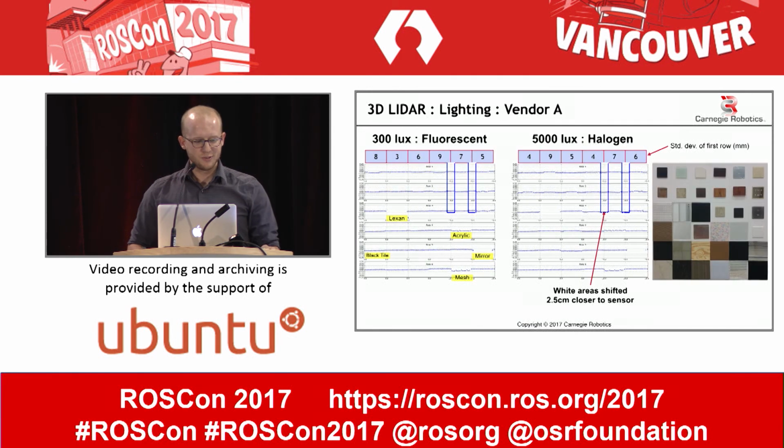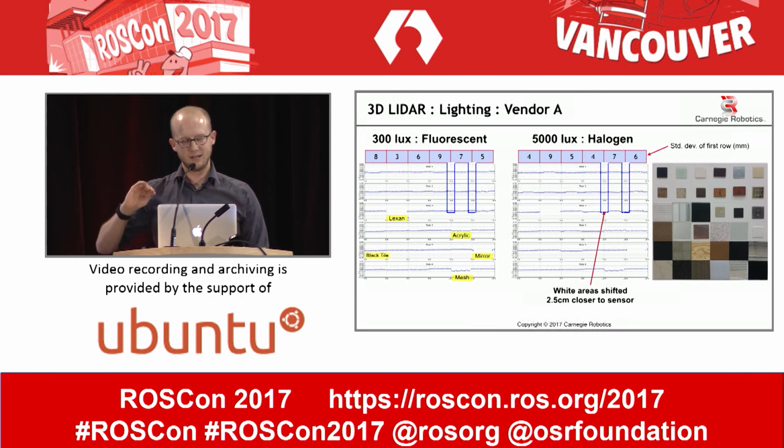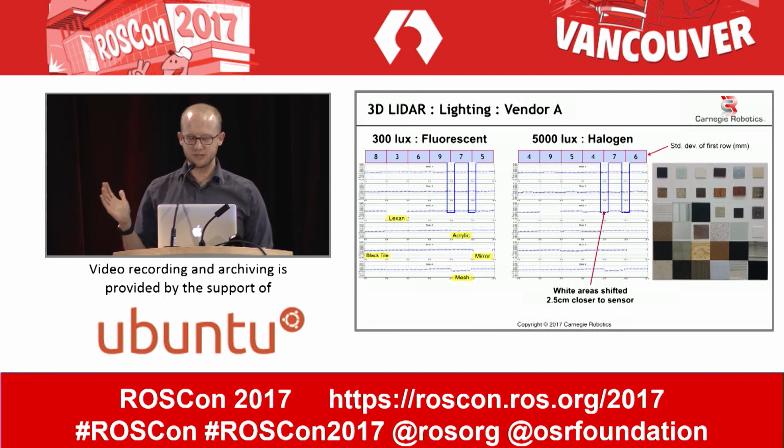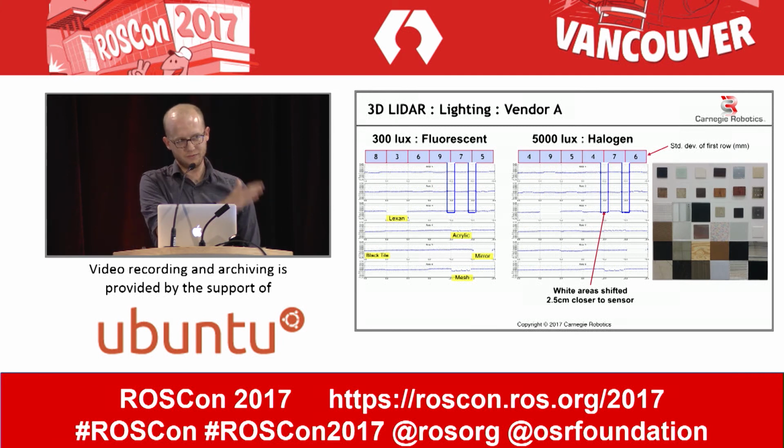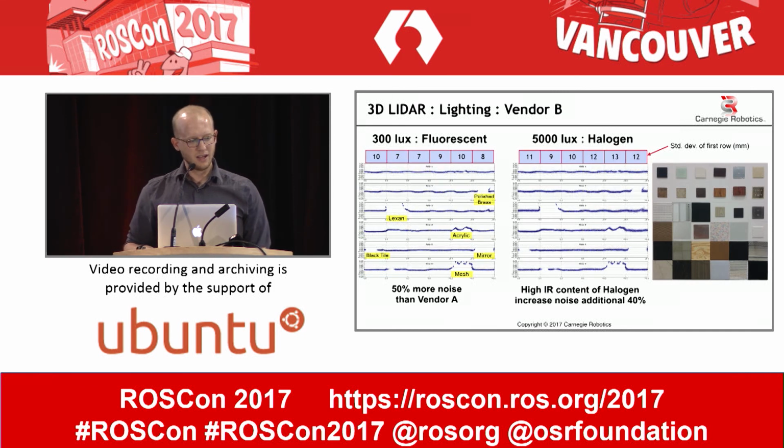Okay, so going into some quantitative testing. This is a material test board that we built up, and we've done a bunch of different testing on different sensors, and I just wanted to highlight a few things. There's a lot of information on these slides and not enough time to go through all of it, but I just wanted to show the effect of a couple of different changes to the environment. This is with sort of normal fluorescent lighting and then high intensity halogen lighting. The laser from this vendor saw a shift of 2.5 centimeters on the white areas.